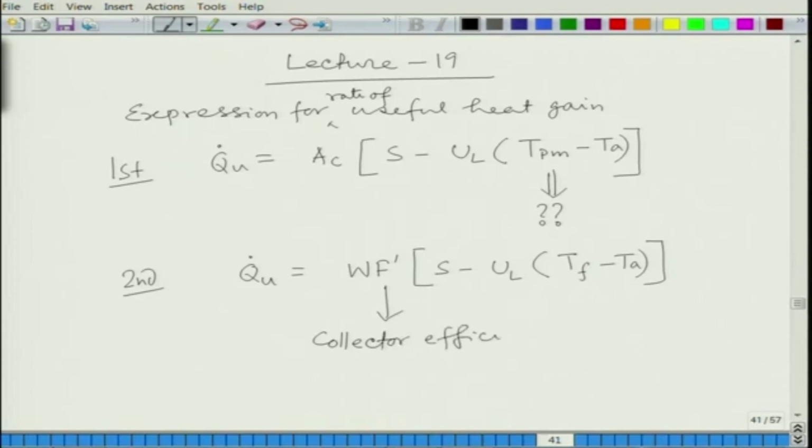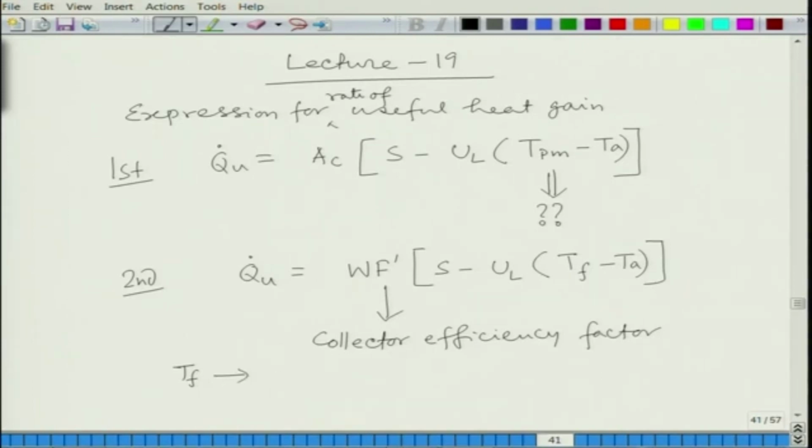This TF is again the problematic quantity.